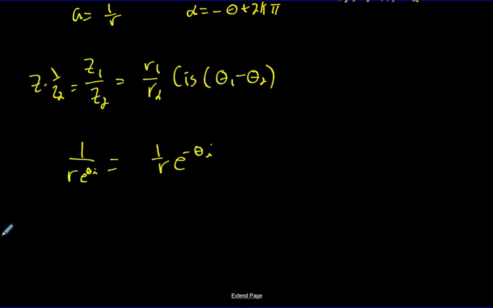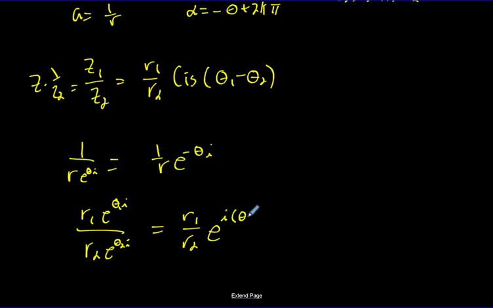And if I take two Euler's formulas, r1 e to the theta 1 i over r2 e to the theta 2 i, that's the same as r1 over r2 times e to the i times theta 1 minus theta 2. So when you're dividing, you're always subtracting. You divide the moduluses, but the arguments you just subtract, and make sure you subtract the top minus the bottom.